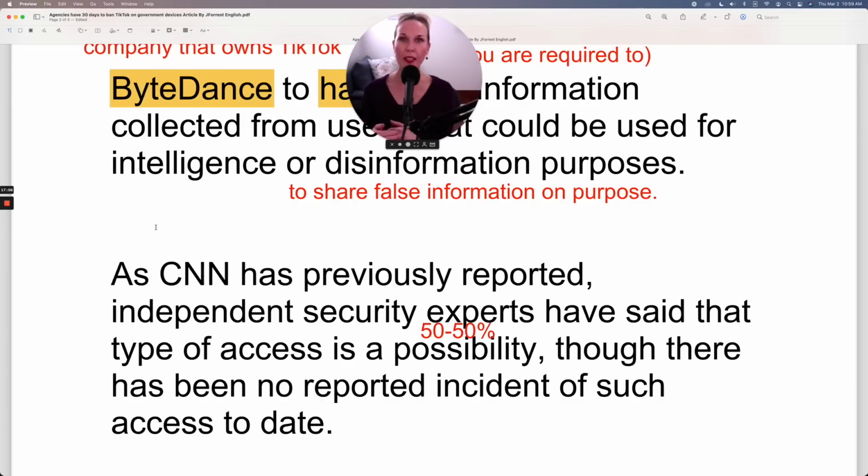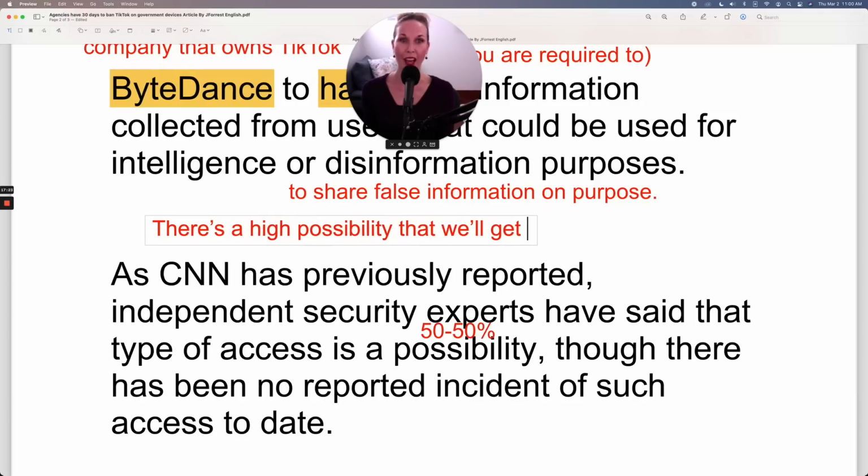It's a possibility. 50% we will, 50% we won't. Now you can make this stronger. You could say there's a high possibility that we'll get bonuses this month.